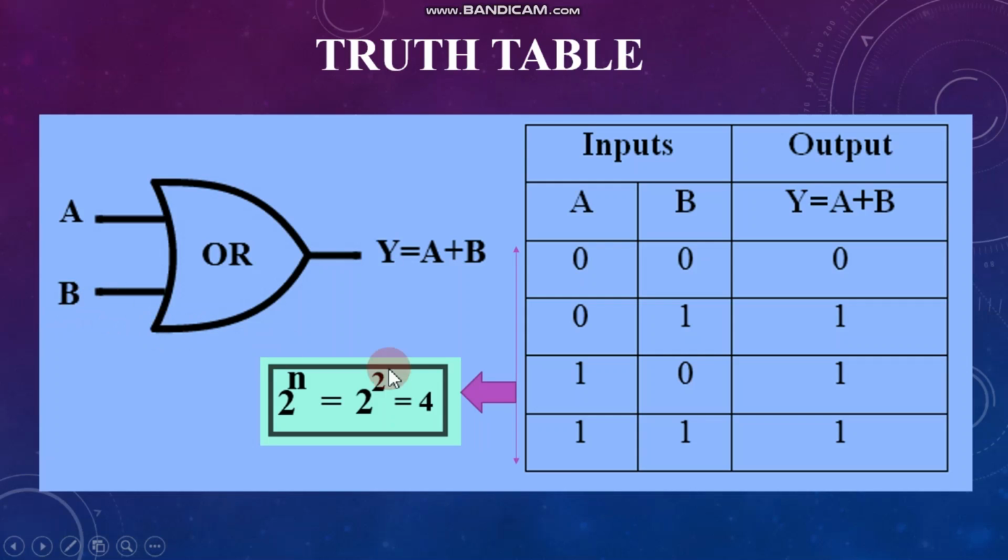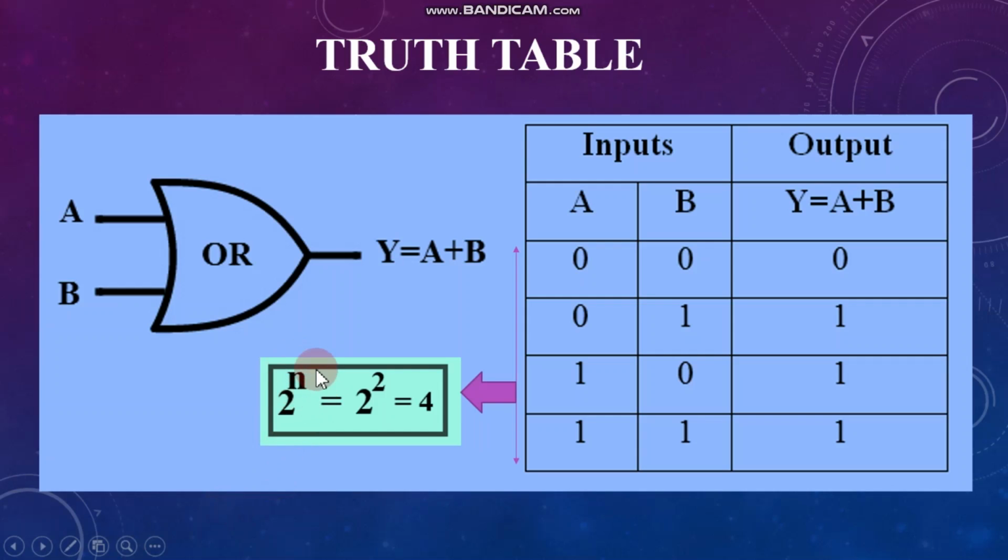Now how many combinations? On the right hand side I have made column A and column B with combinations 0 0, 0 1, 1 0, 1 1. I made these combinations based on a very small formula, 2 raised to n. In digital electronics we deal with either 0 or 1, so we write 2.